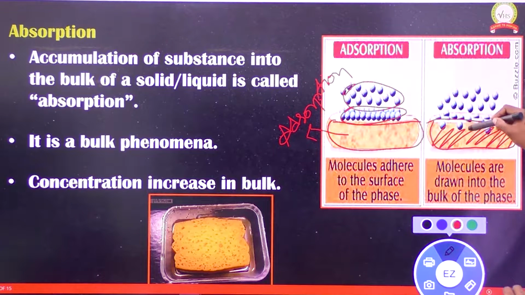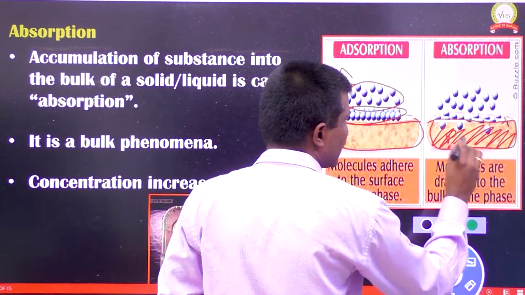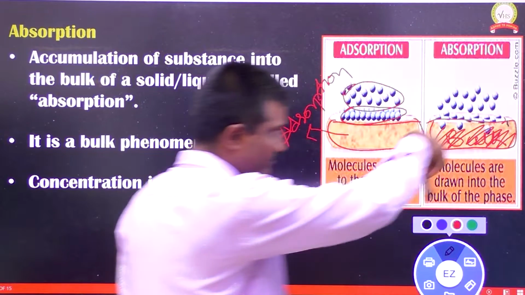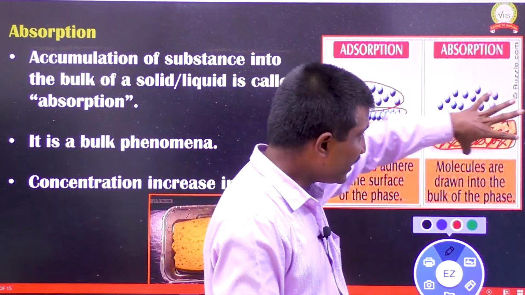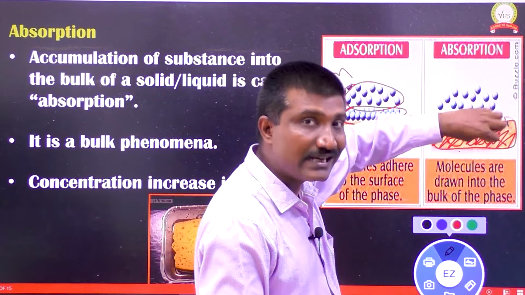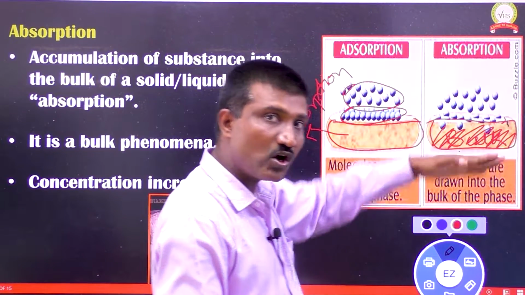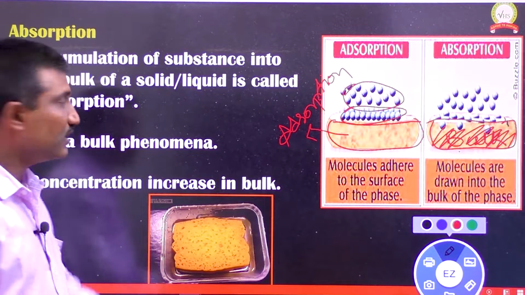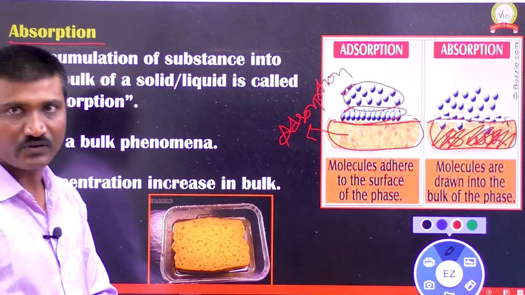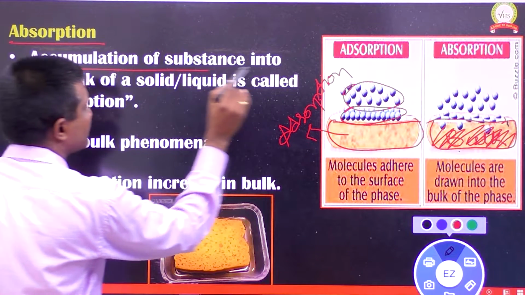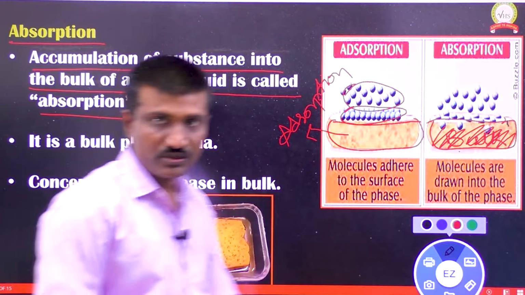Since these molecules enter into the bulk, we call this process a bulk phenomenon. If any process takes place as a bulk phenomenon where molecules enter into the bulk of another substance, such a process we call absorption. So the accumulation of substances into the bulk of a solid or liquid is called absorption.